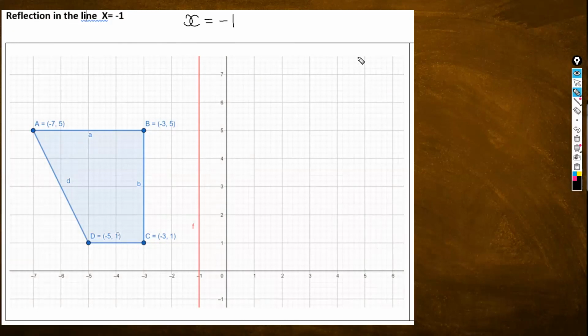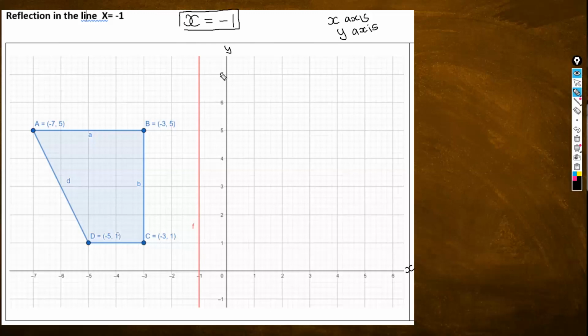Remember in the last set of questions, we were asked to reflect it in the x-axis or reflect it in the y-axis. This line here is the y-axis. And of course, this line here, horizontal line, is the x-axis. But you notice how slightly different this question is.